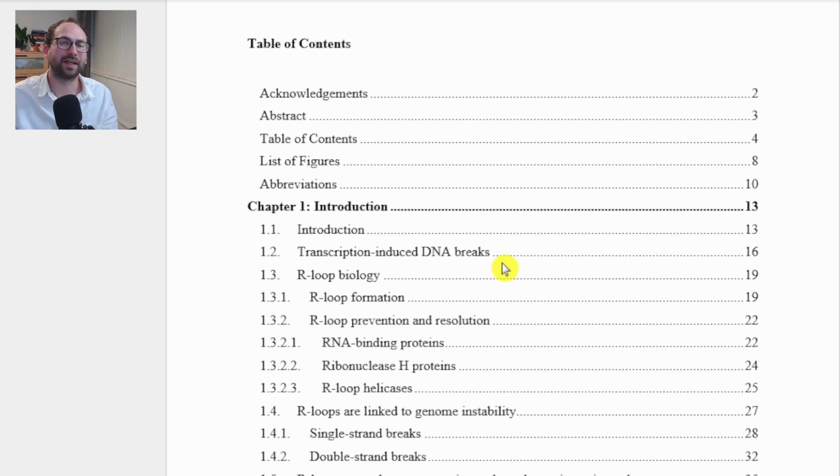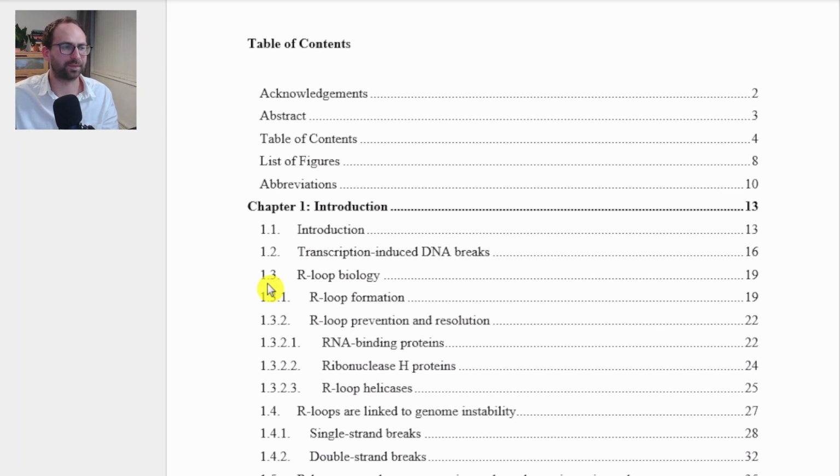And then what my PhD really was about was these things called R loops or RNA DNA hybrids. And then you can see that essentially everything else here is then about R loops. So I immediately went down into the topic that was absolutely key and relevant to my PhD thesis.